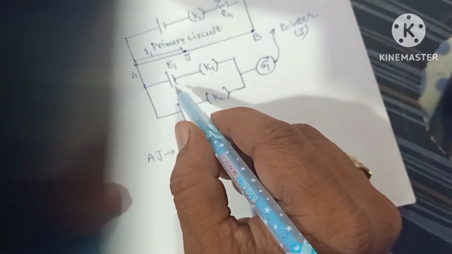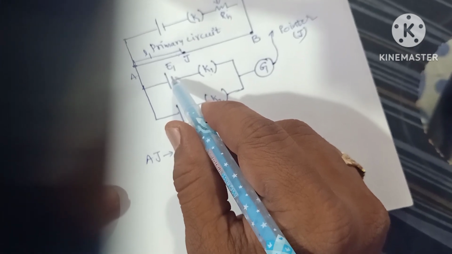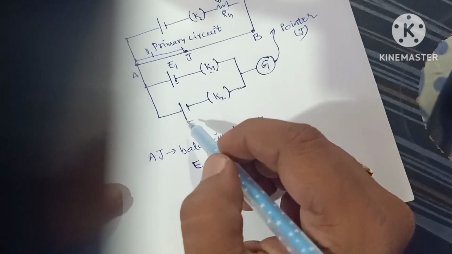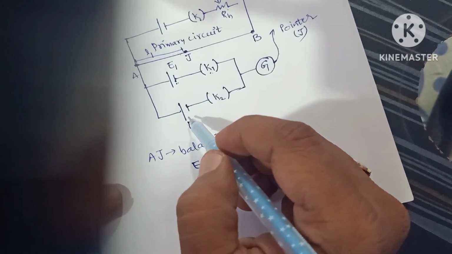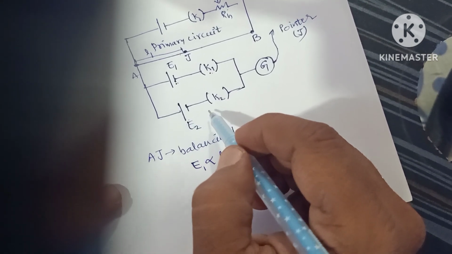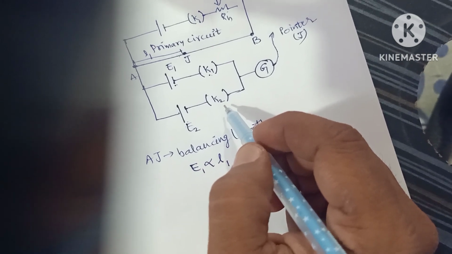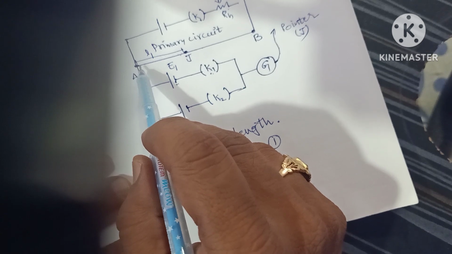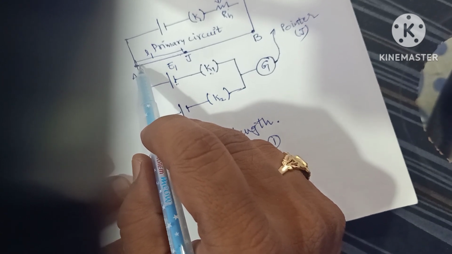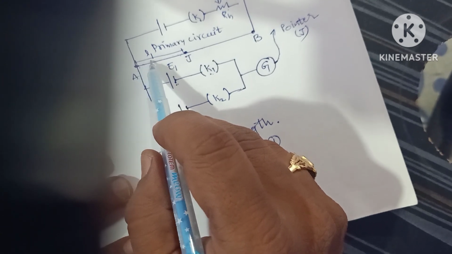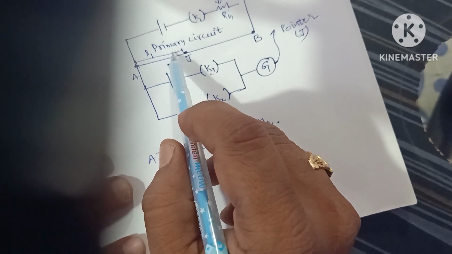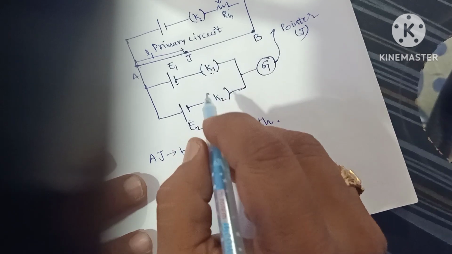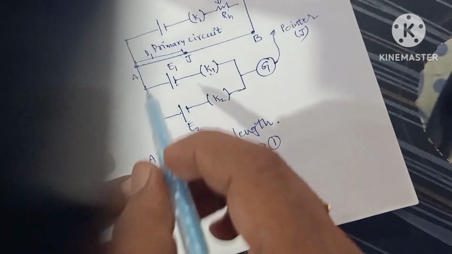Now we have included E1 in the circuit by closing K1. The next step will include E2 by closing the key K2. Again the same procedure is to be followed. From end A, we move the jockey towards B slowly, and at some point again the galvanometer shows zero deflection.